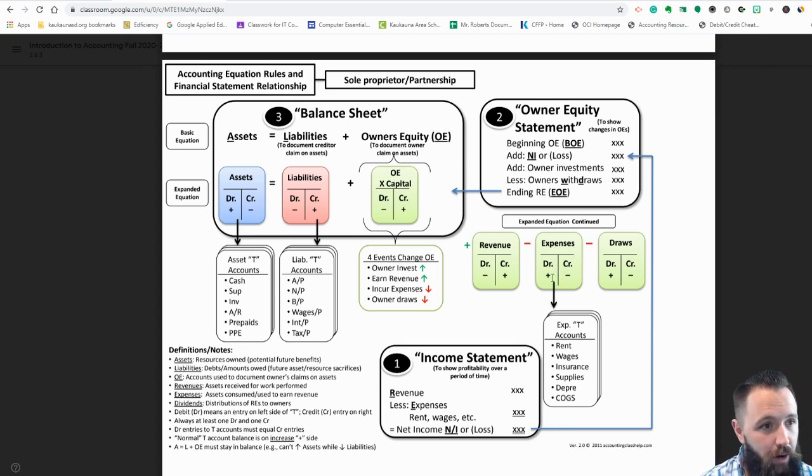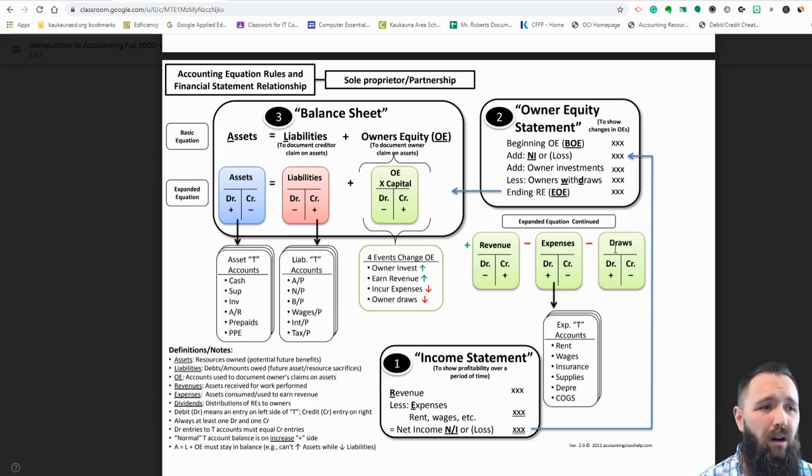Write it down somewhere, put it in your notes. It's the hardest thing for students to remember. Draws also has a normal debit balance, and it decreases your equity. So now we're going to record underneath the draw account. And these withdrawals, same thing as when you were recording them before, but it has a normal debit balance.